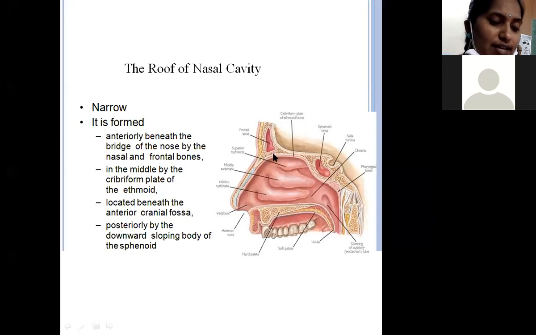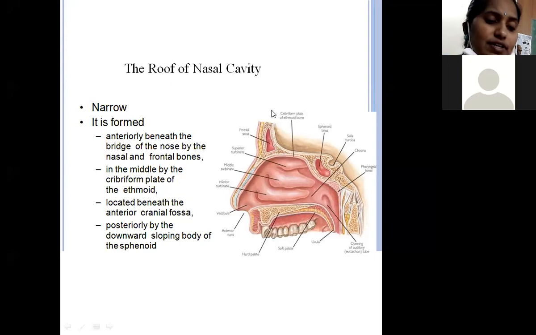Then in the middle it is formed by the cribriform plate of the ethmoid, which lies beneath the anterior cranial fossa.